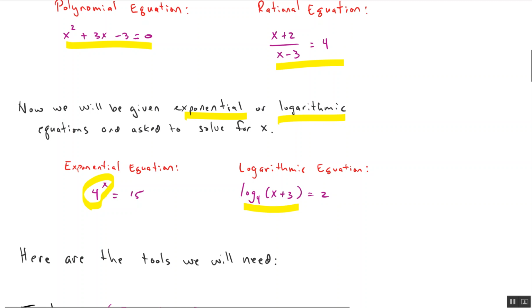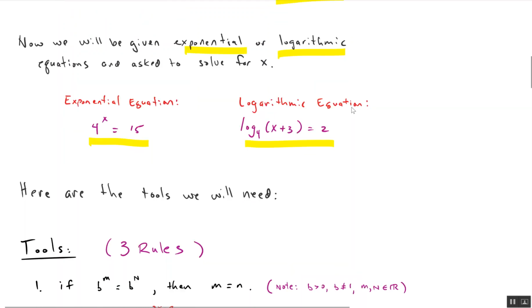So here are 2 examples of exponential equations and logarithmic equations. The exponential equation is on the left, 4 to the x equals 15, and the logarithmic equation is on the right, log base 4 of quantity x plus 3 equals 2. And we would solve for x in each of those cases.